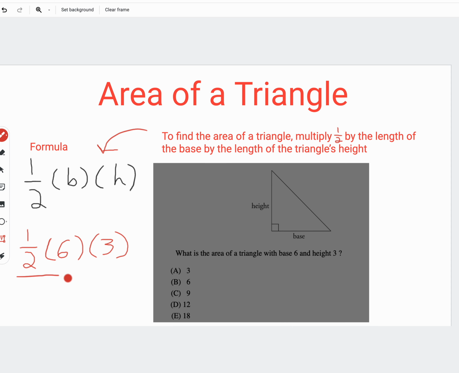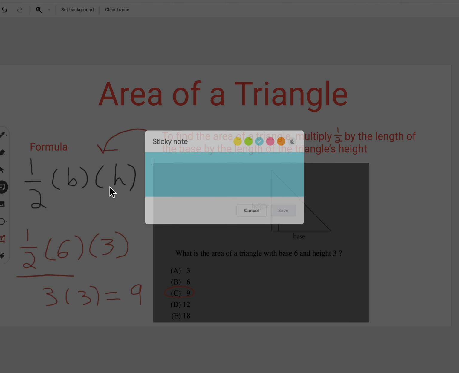This will give us 3 times 3, or C, 9? The answer is C, 9. Let's remember that the base and the height here must form a 90-degree angle.